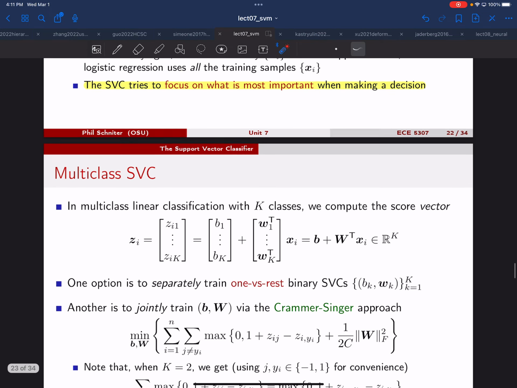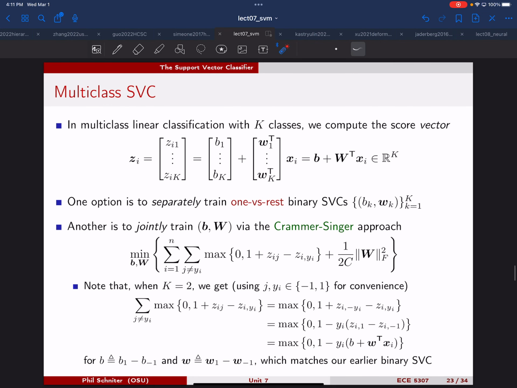The next thing to talk about is that so far we've only considered binary classification. So what do we do if we have more than two classes? Just for generic multi-class linear classification, this is totally generic. It's what we did with multinomial logistic regression also. We have k classes, and so we consider a score vector that has k numbers in it.